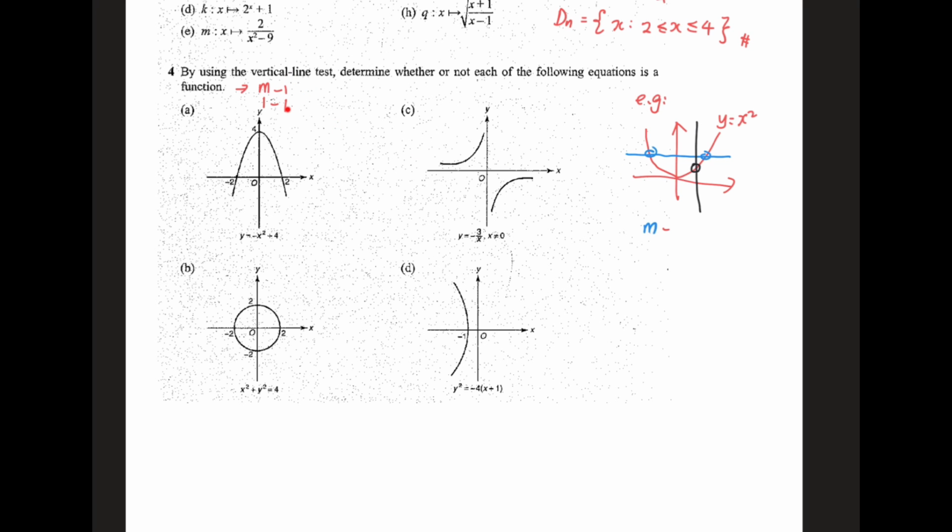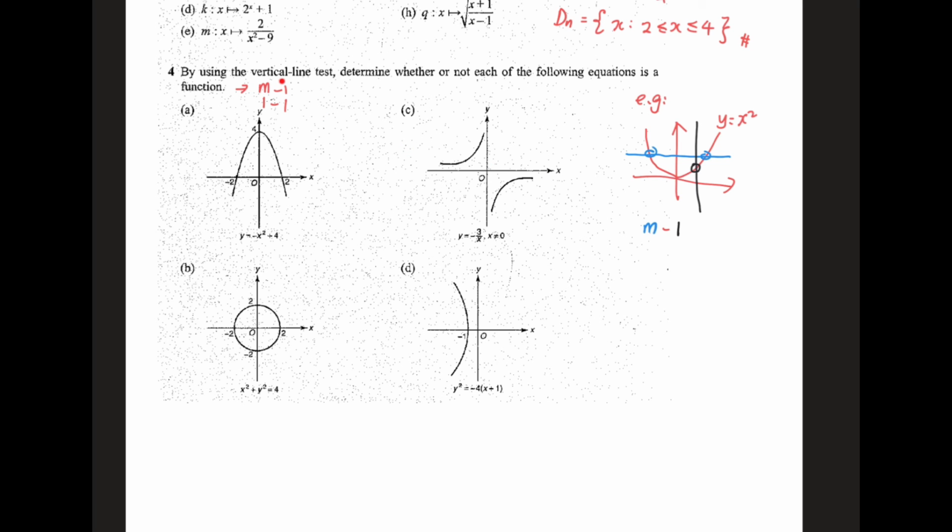If there are many intersections, which means more than 1, then the relation at the back is many. For this case, the vertical line has 1 intersection with the graph, so the relation is 1 at the back. So overall, this is a many to 1 relation. Many because of the horizontal line test, 1 because of the vertical line test. So many to 1 relation.